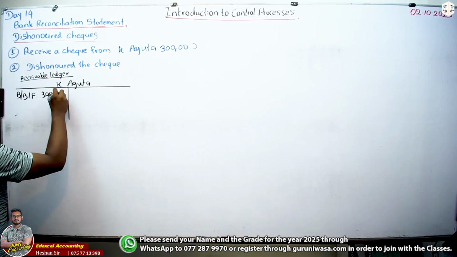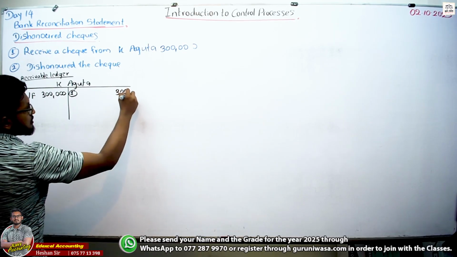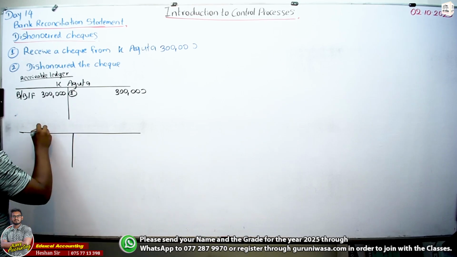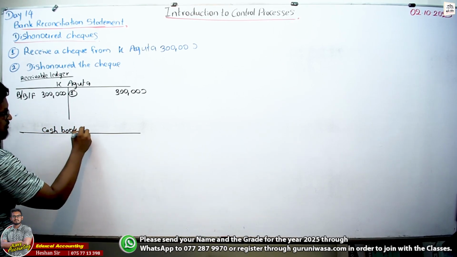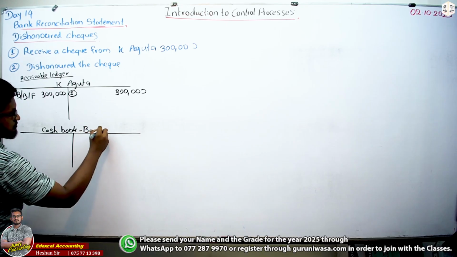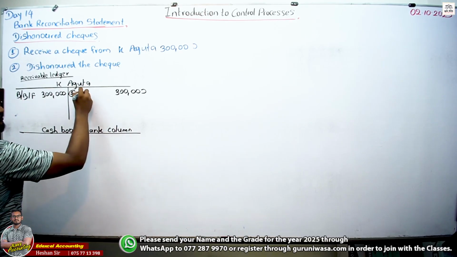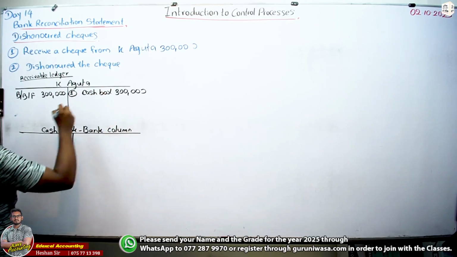When we receive the check, we debit this, we credit this one, and we debit the cash book bank column. Cash book number 1.